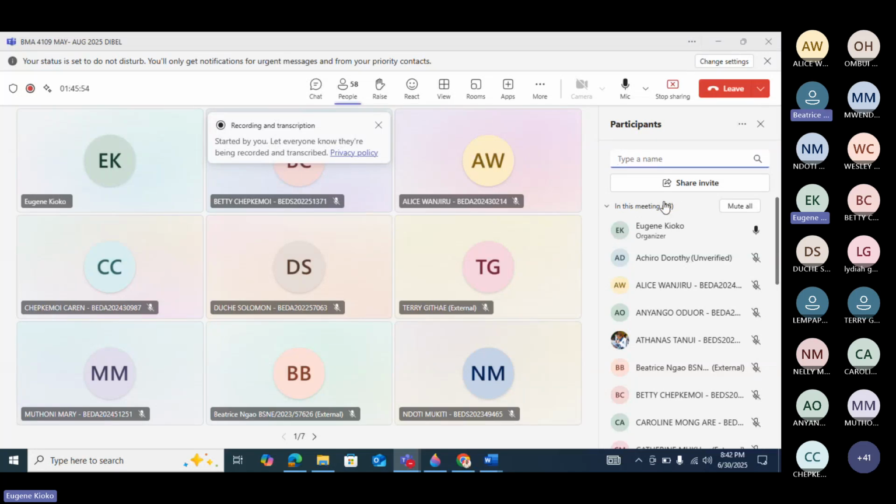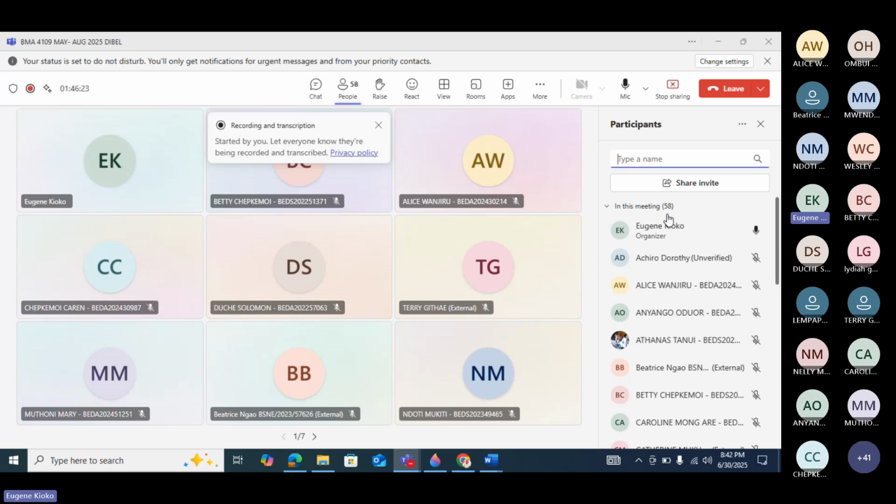The class has never reached 70, but I've marked 393 scripts. And I'm sure in the exam we shall have almost 250, excluding the campuses. Those will do from their campuses, but from Thika we shall have almost 250. So 250 minus 58, around 201 never came to class, which is okay.